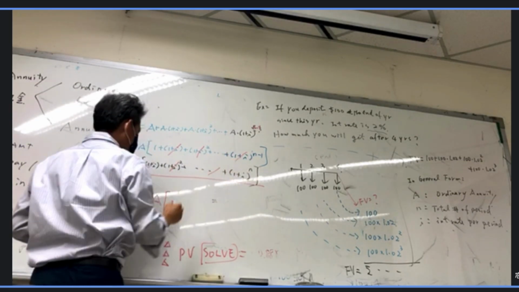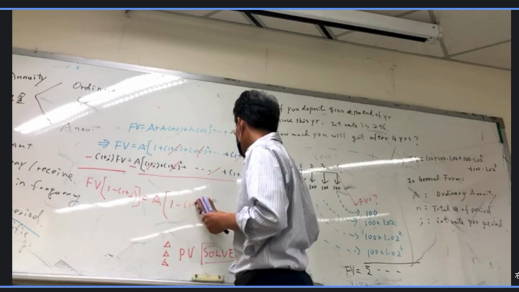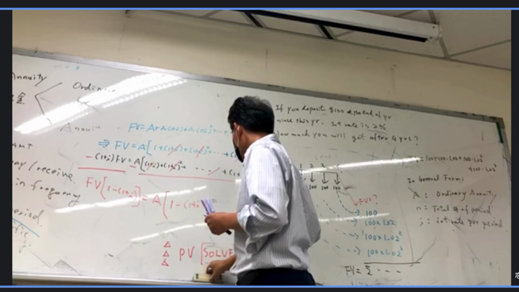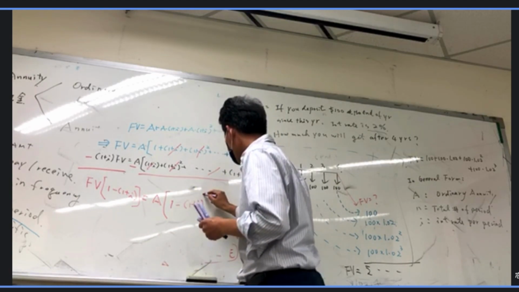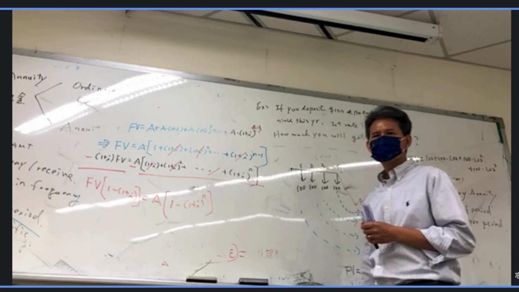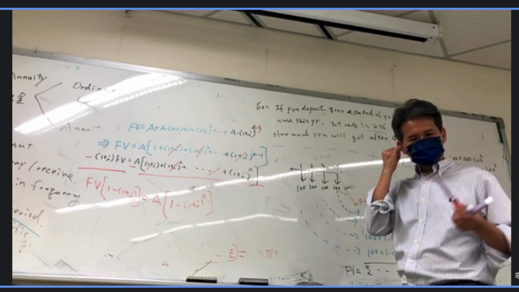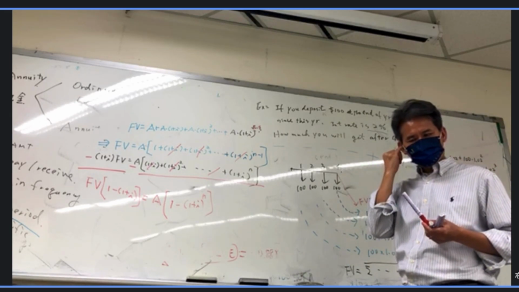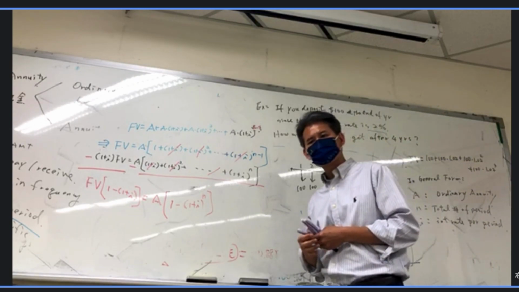So the only thing left is this one. So this is a very pretty formula. Look, you don't need to memorize it, but I want you to know the logic or the process of how we derive it.